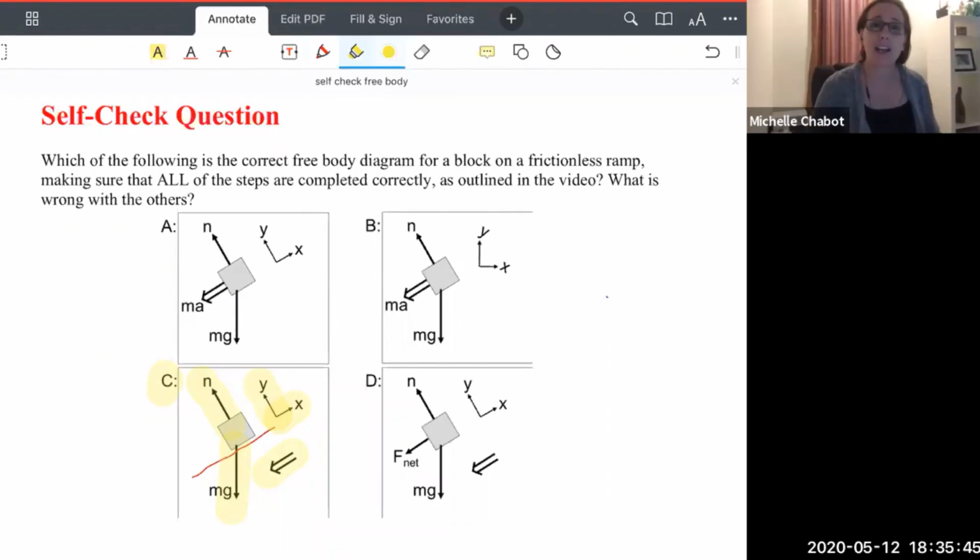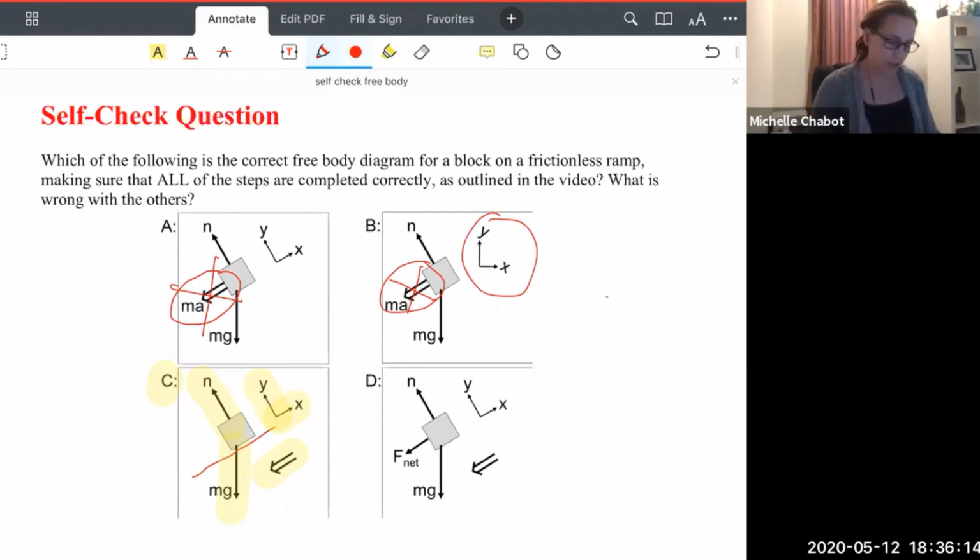Acceleration is not a force. ma is not a force. ma is the result of a net force. Those do not belong on the diagram. The only thing that goes on the diagram are the individual forces. So in A, that is what is incorrect, that we never put ma on our diagram. That is also what's incorrect about B, and the axes in B are not tilted.